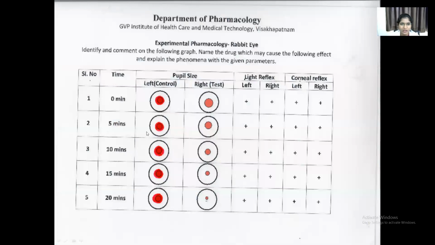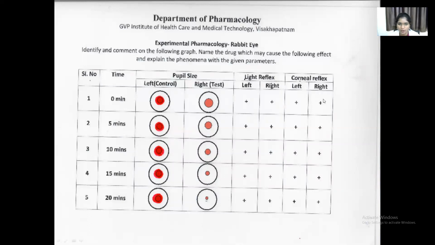You have to find out the findings and check the light reflex and corneal reflex. Then you have to find out whether it is miosis and miotic. And you have to write the entire procedure in exams, from aim, material, procedure, and the observation also. And you have to write light reflex pathways and corneal reflex pathways.